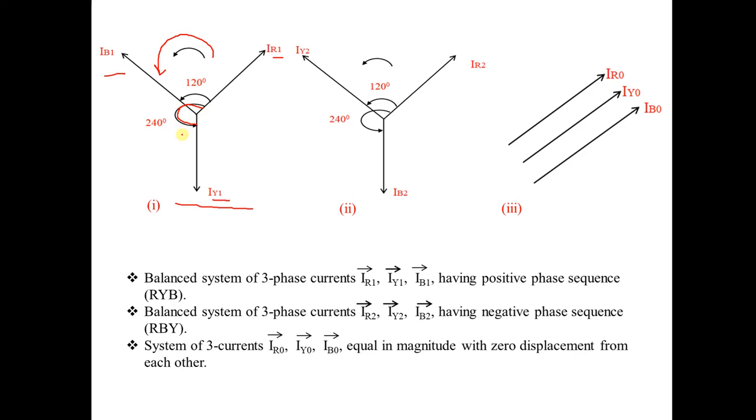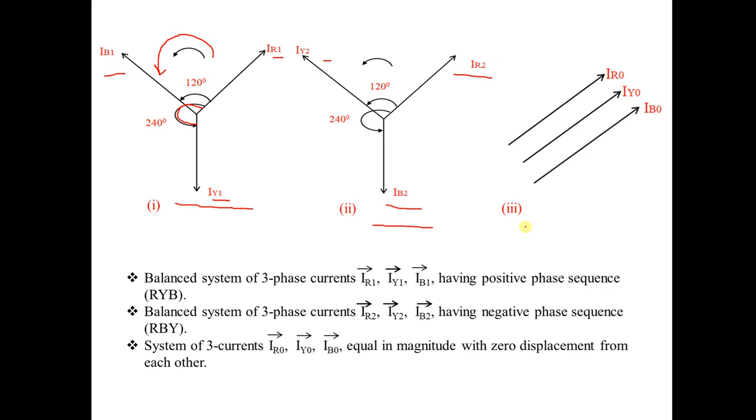There is a difference between the positive, negative and zero sequences. In the negative sequence there is a change in phase sequence for IR2, IY2, IB2, and similarly in the zero sequence the components are equal in magnitude with zero phase displacement.